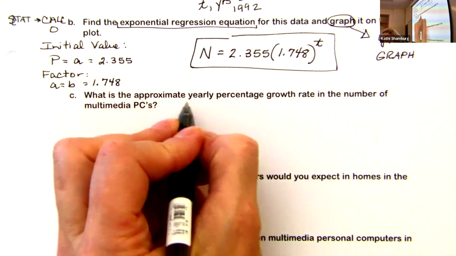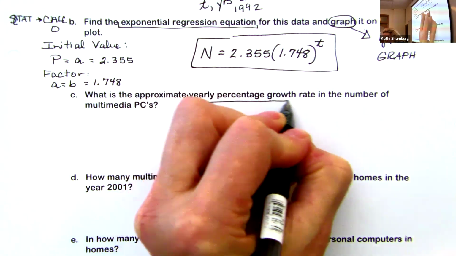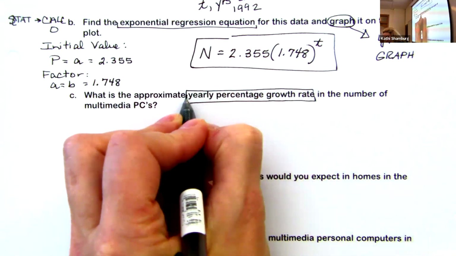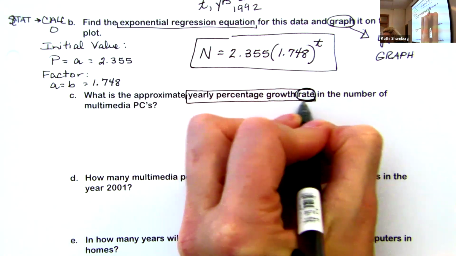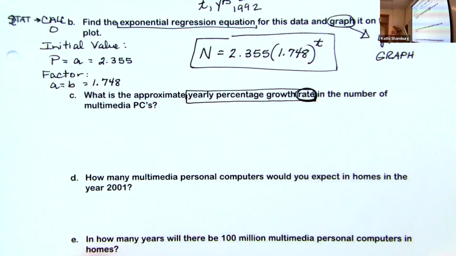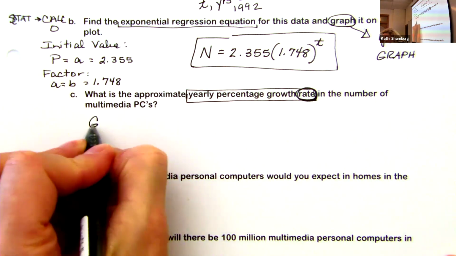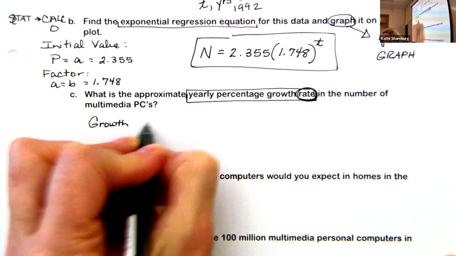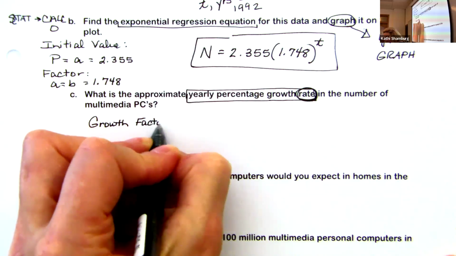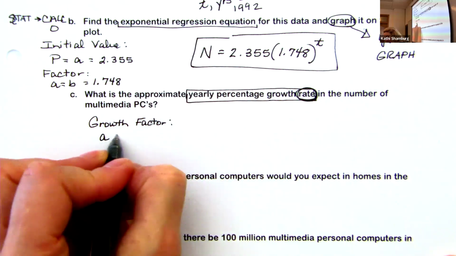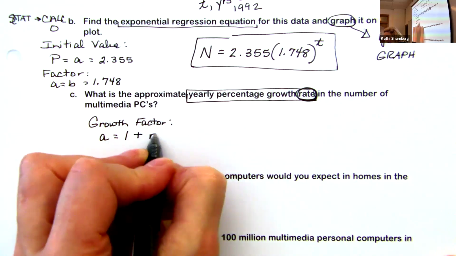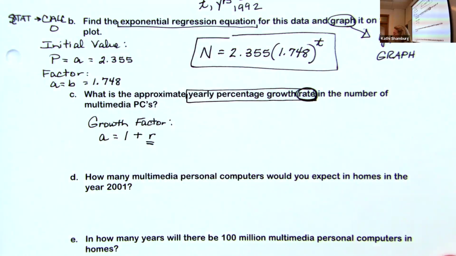What is the approximate yearly percentage growth rate? It's asking you for a rate, so think back to what we did in 4.1. Where does the rate come from? The factor. In this problem, we have a growth factor, and from our earlier discussions, that was found by 1 plus R. What we're looking for is that rate.